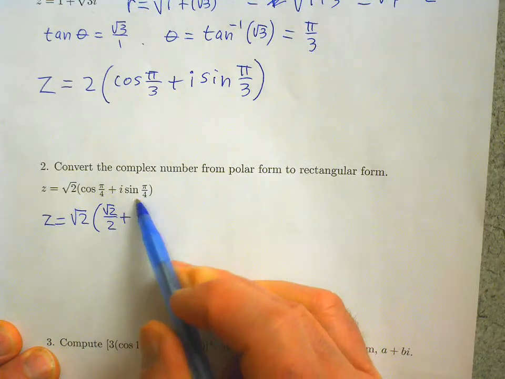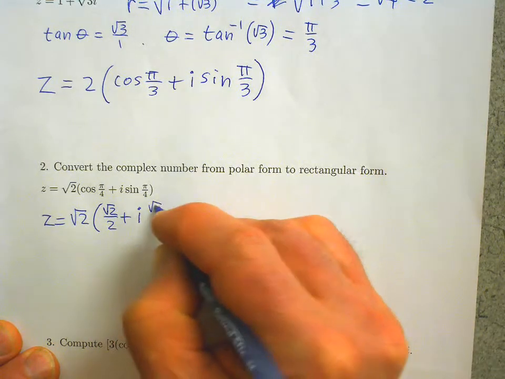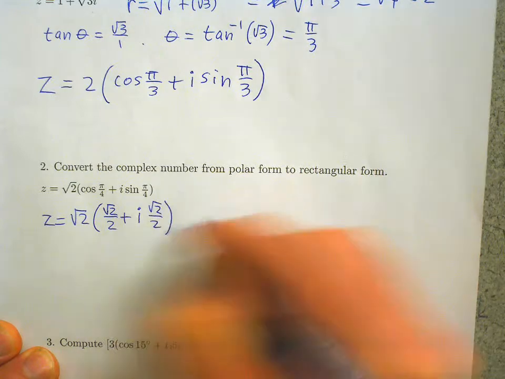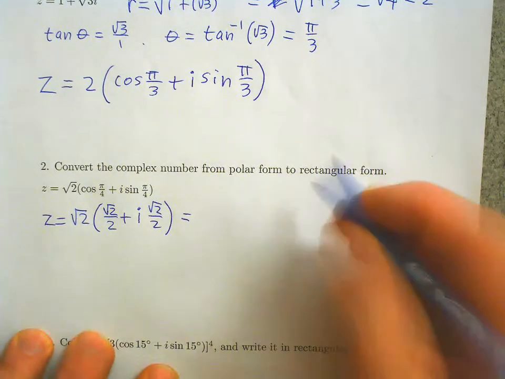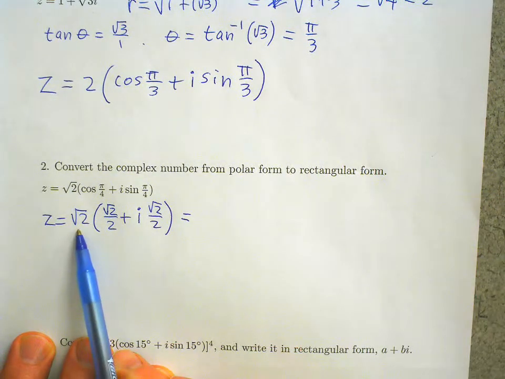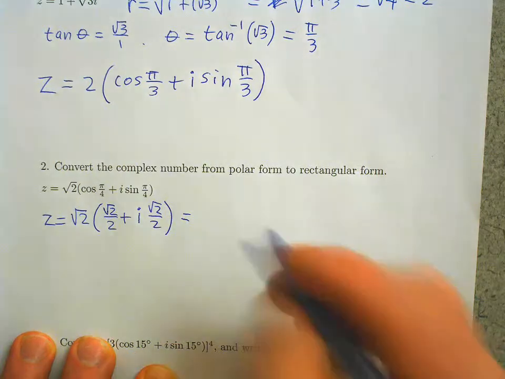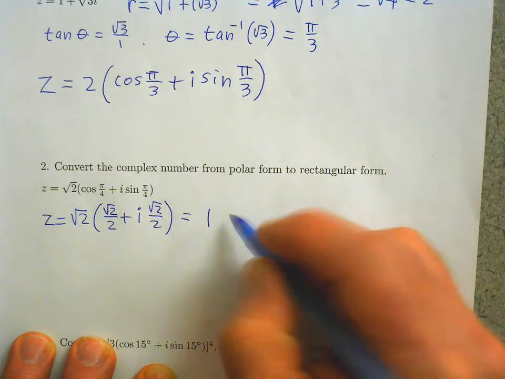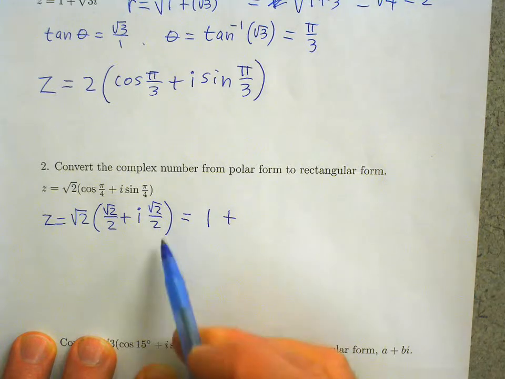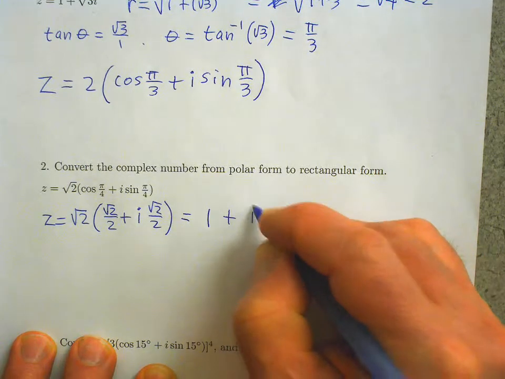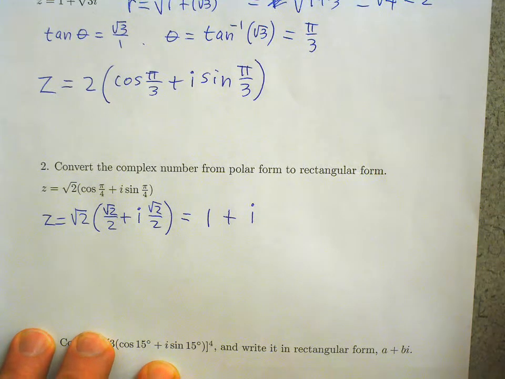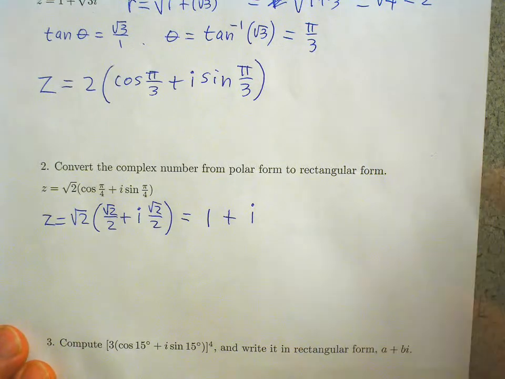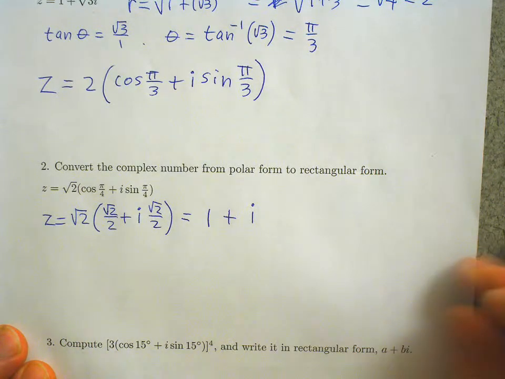And sine of pi over 4 is also the square root of 2 over 2. And then distribute multiplication by the square root of 2. We get 2 over 2, or just 1, plus i times 1 is just i. So 1 plus i is the rectangular form for that complex number.